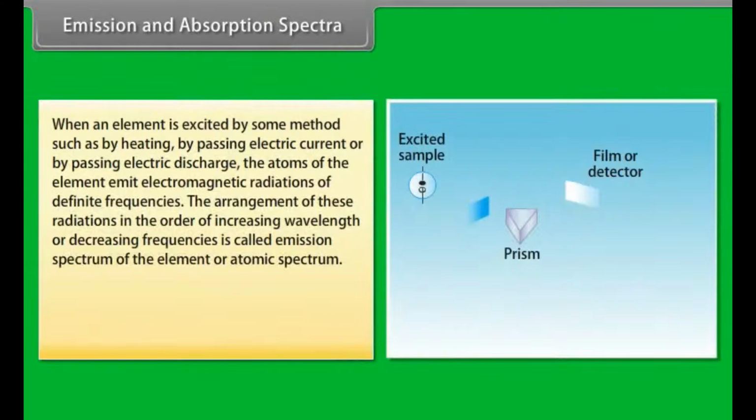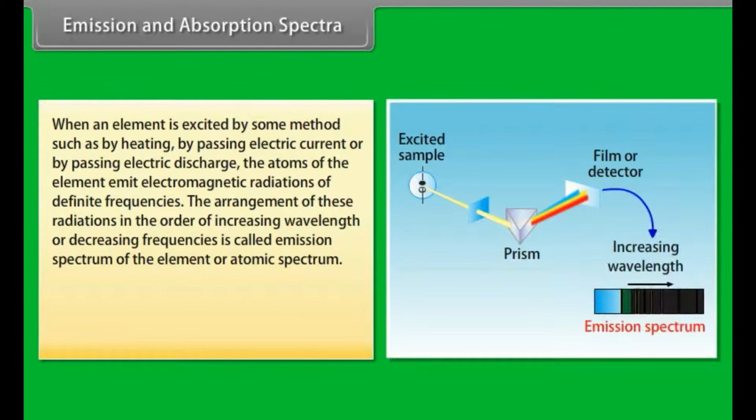Emission and absorption spectra. When an element is excited by some method, such as by heating, by passing electric current, or by passing electric discharge, the atoms of the element emit electromagnetic radiations of definite frequencies. The arrangement of these radiations in the order of increasing wavelength or decreasing frequencies is called emission spectrum of the element or atomic spectrum.